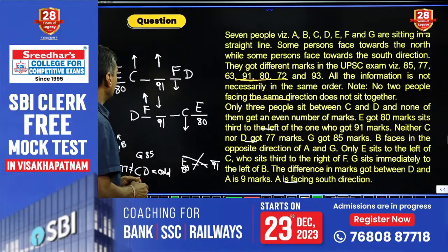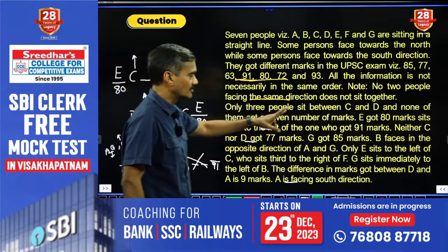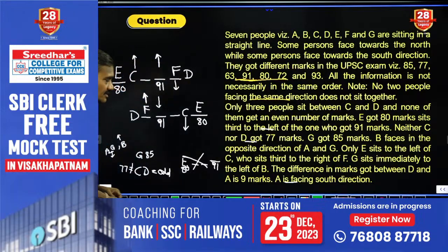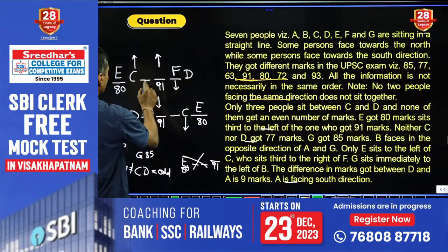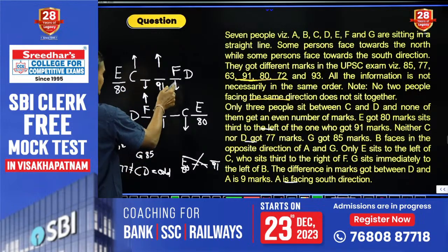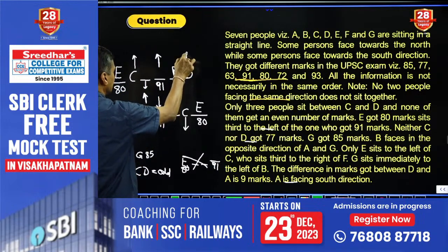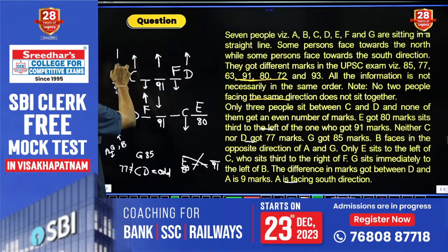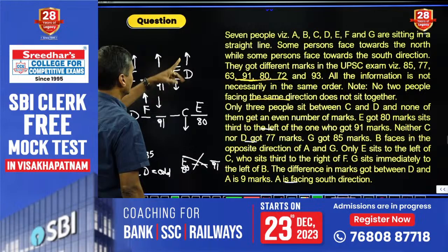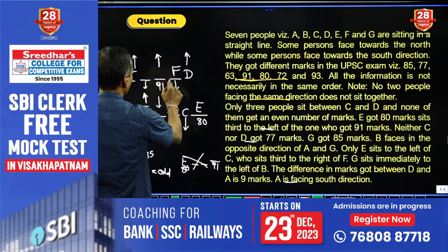Then again, if you observe here, one condition is given: no 2 persons who are facing the same direction are sitting together. Isn't it? So since these two are north, this person must be south. And at the same time, this person is south means this person must be north. This person north means this person must be south. South, north, south, north, south, north. And 1, 2, 3, 4, 5, 6.